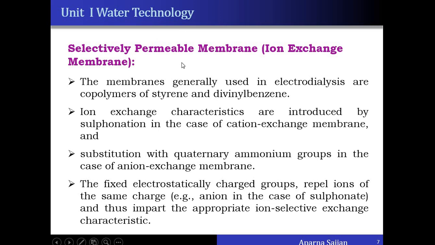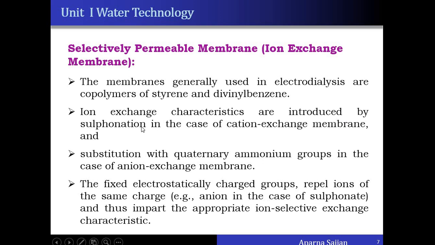Now let us see what the selectively permeable membrane, or ion exchange membrane, is. Ion exchange membranes are copolymers of styrene and divinyl benzene. Now, by the introduction of functional groups, it becomes either positive or negative.